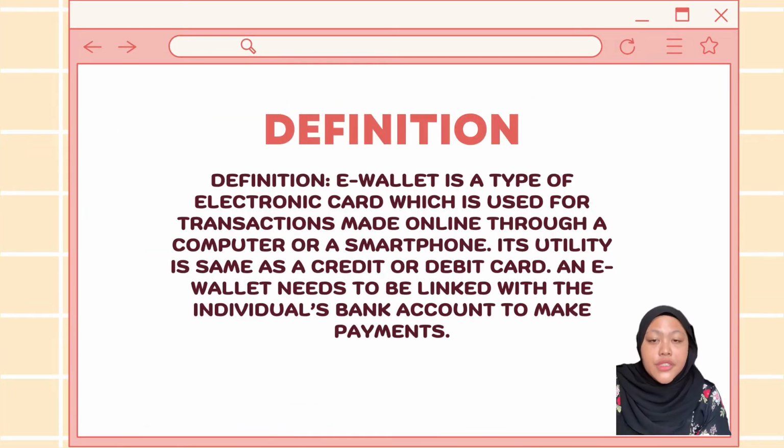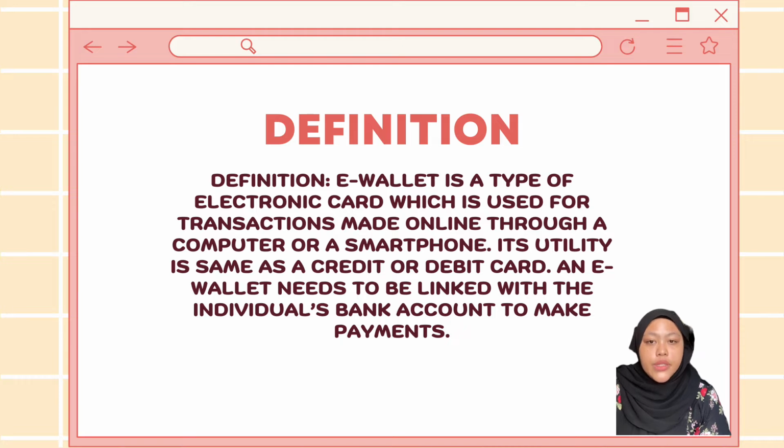The definition of an e-wallet is a type of electronic card which is used for transactions made online through smartphones or a computer. Its utility is the same as a credit or debit card, and e-wallets need to be linked with a bank account to make payments.